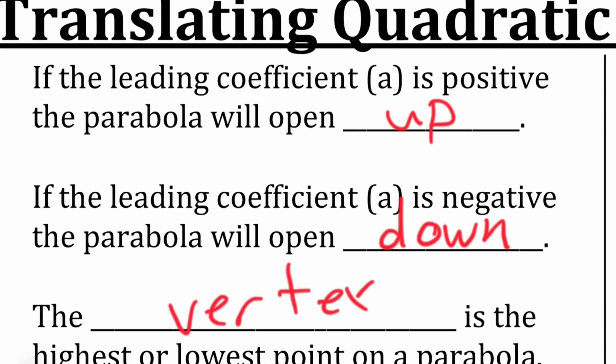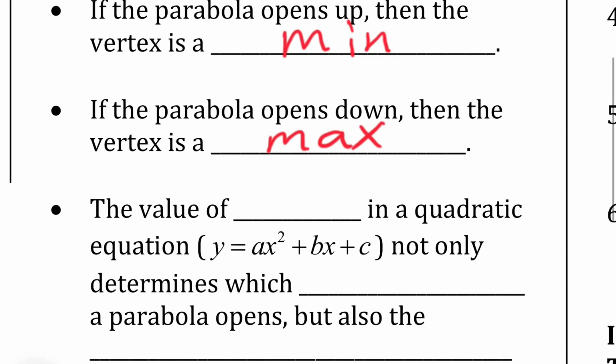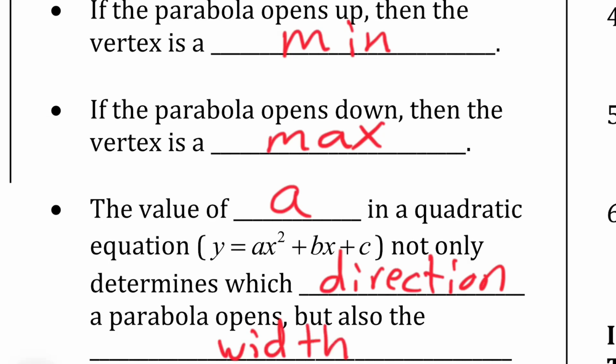Again, the vertex is the highest or lowest point on the parabola. If the parabola is opening up, you will have a min, or minimum. If it is opening down, you will have a max. The value of A in a quadratic equation not only determines which direction a parabola opens, but also the width of it.